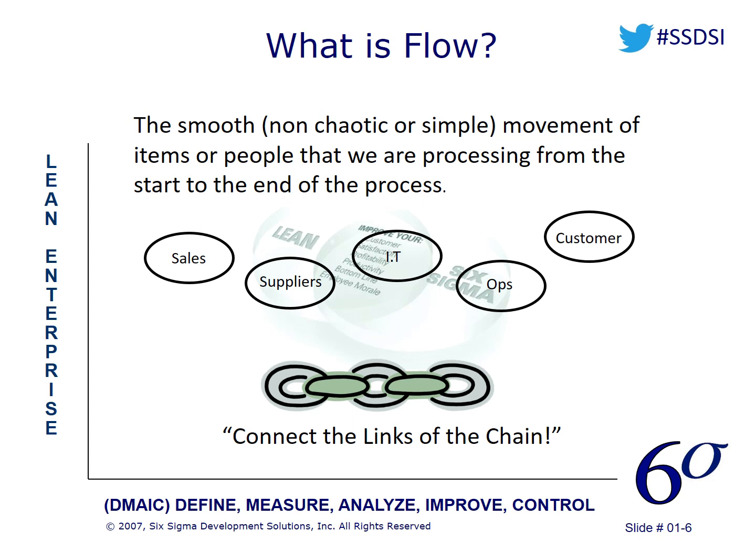To do the same thing over and over again, but expect different results. It's not going to happen. So in Lean, our job is really to start removing post-it notes from the wall, removing complexity, and moving those links closer and closer together with the optimal environment of connecting those links.